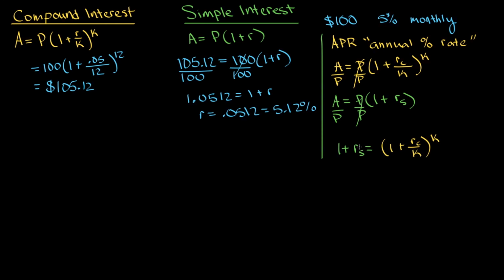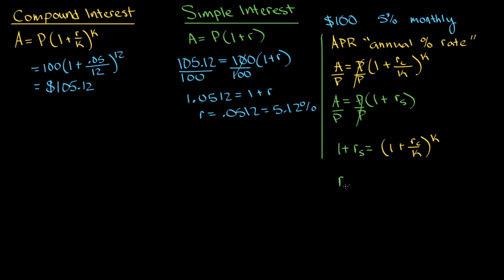And again, we want to solve for R sub S because that is APR. That is saying, okay, here's our right-hand side talking about our compounding conditions, and we want to find what the annual interest rate would be to give us the equivalent dollar amount at the end of 1 year. So we're really solving for R sub S here.